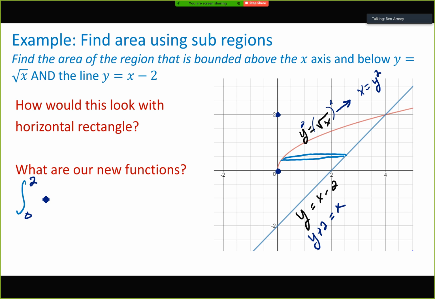So now our integral is going to be y plus 2 for my far right line, subtract y squared, dy.